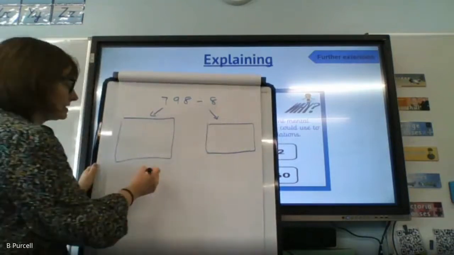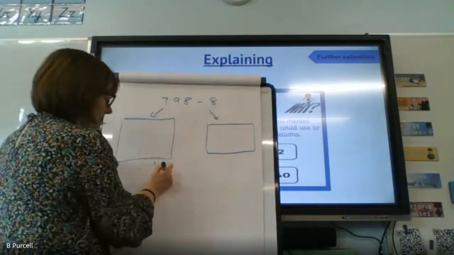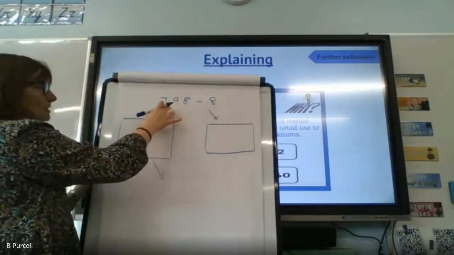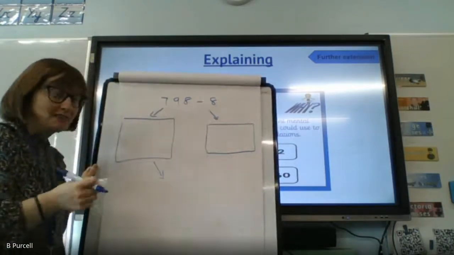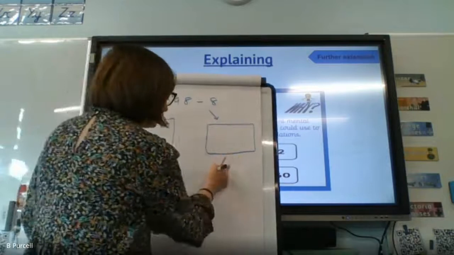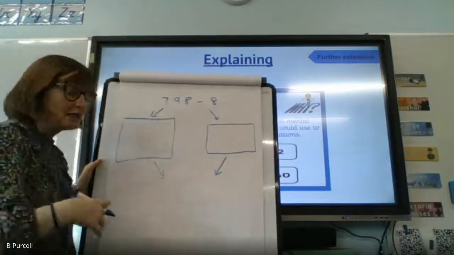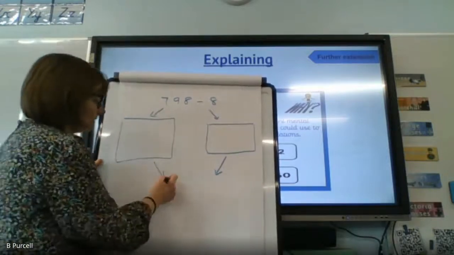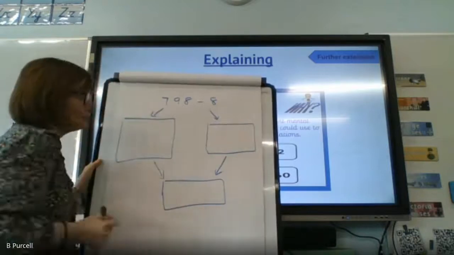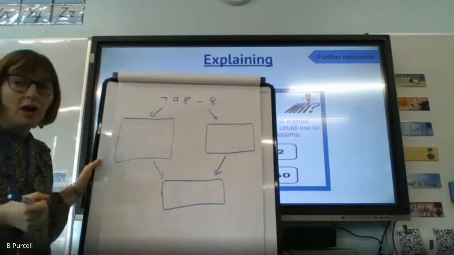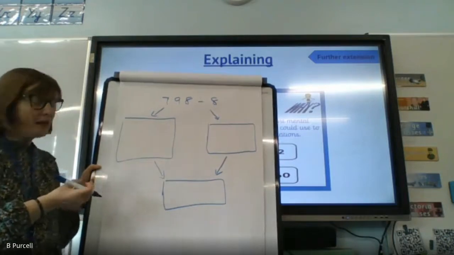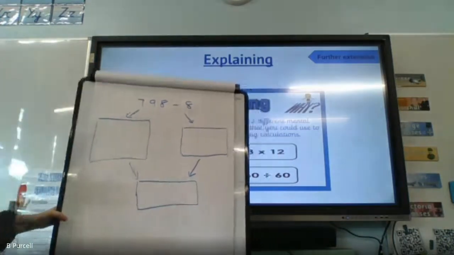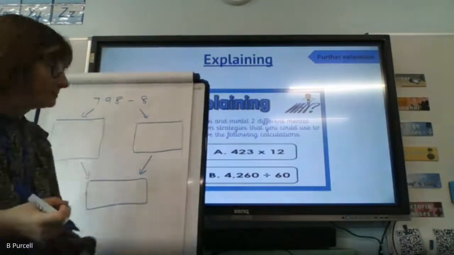I'm going to partition 798 into 700 and 98, because that will make my division a whole lot easier. And of course you can use the inverse, your times tables, to make sure, and then your answer in your part-whole model. So in your work, I'd like to see a part-whole model for that answer. I'll leave you with that one.